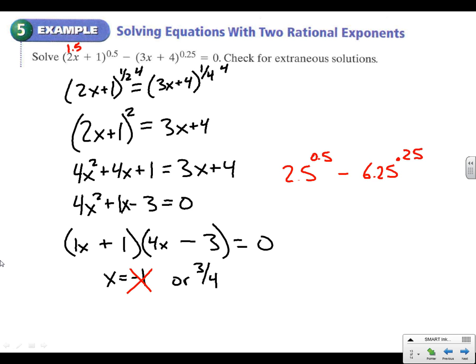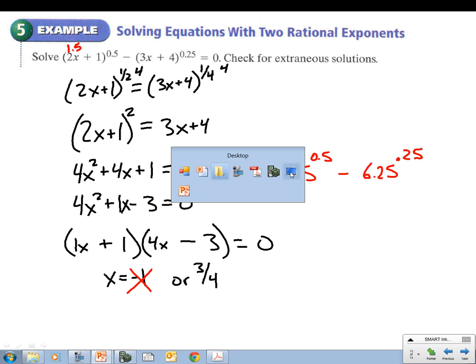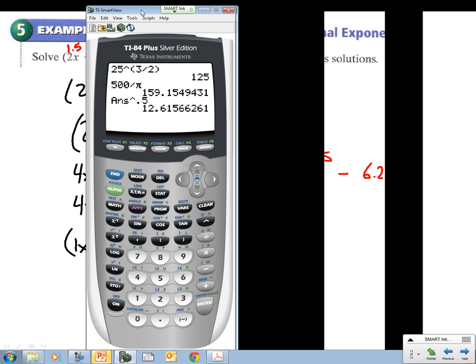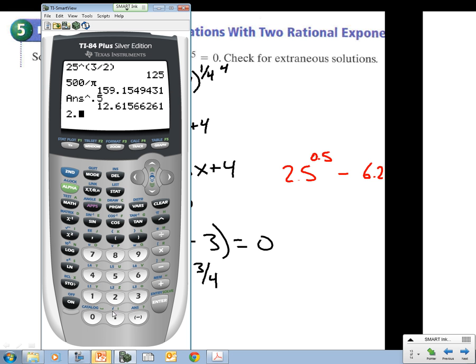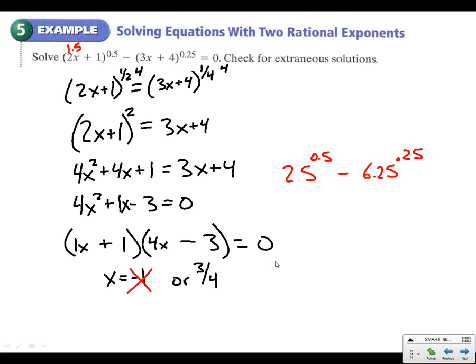And let's go ahead and plug these into a calculator and see what we get here. 2.5 to the 0.5 is that. 6.25 to the 0.25. Oh, exact same thing. So that one does work. All right, so 3/4 is a correct solution.